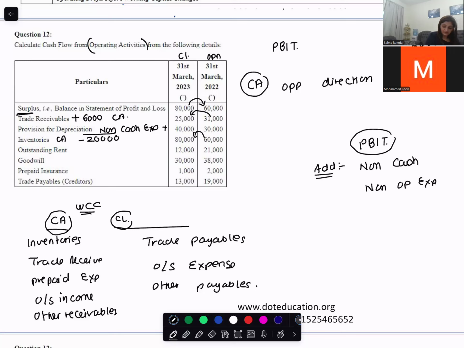Sorry. Okay, fine. Outstanding expenses. What is it? That is a current liability. What will you do for it? It is decreasing, right? So when current liability decreases, it will be subtracted.